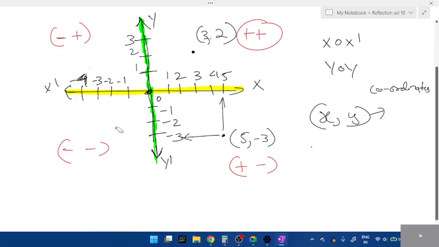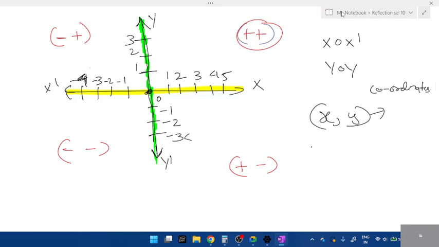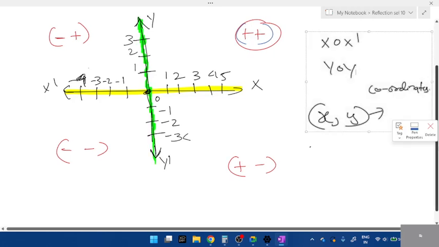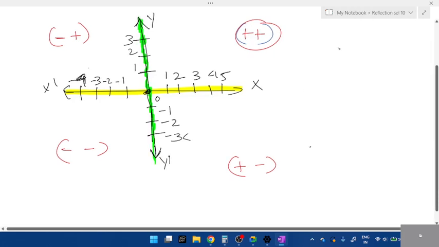Now look here, I'll erase these points. All you have to remember is this value. Now in the first quadrant, what is the value of x and y? In the first quadrant, both are positive. So let me write: first quadrant, x and y both are positive.